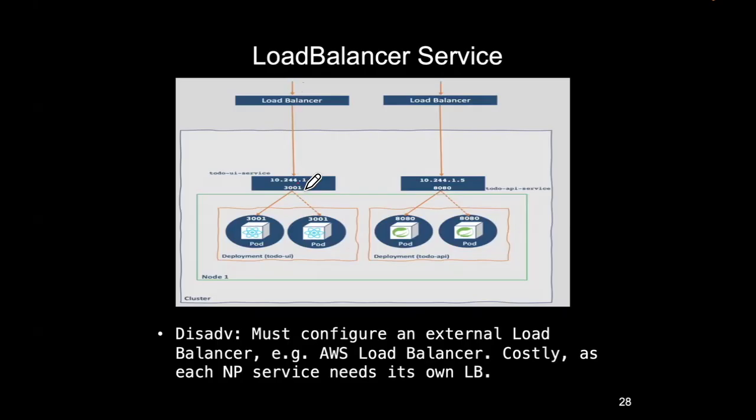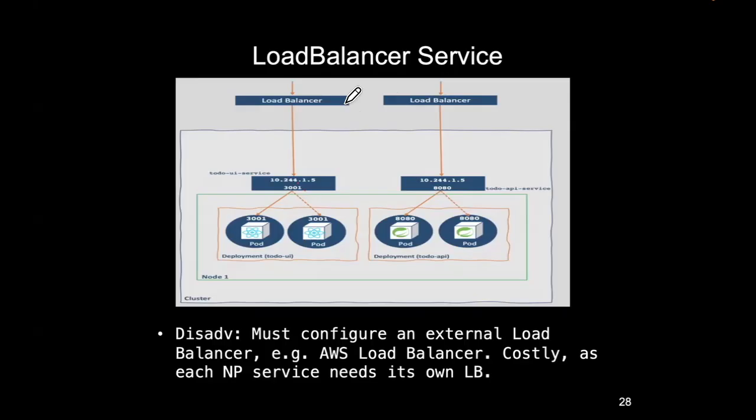The problem with this load balancer approach, though, is that for every service that you want to have accessible externally, it needs its own load balancer. And these load balancers are not cheap to run. So when Kubernetes was originally launched back in 2013, this load balancer was being used a lot, but people that were using it quickly found out that it was cranking up a lot of cost.